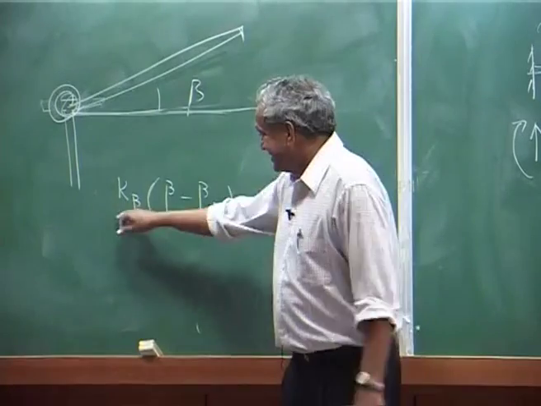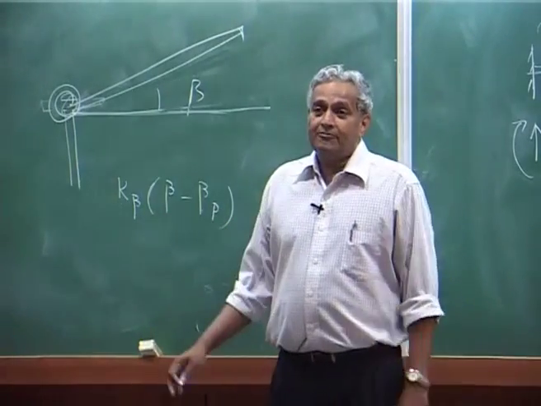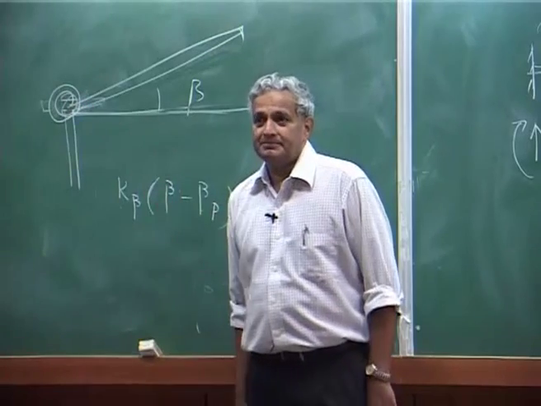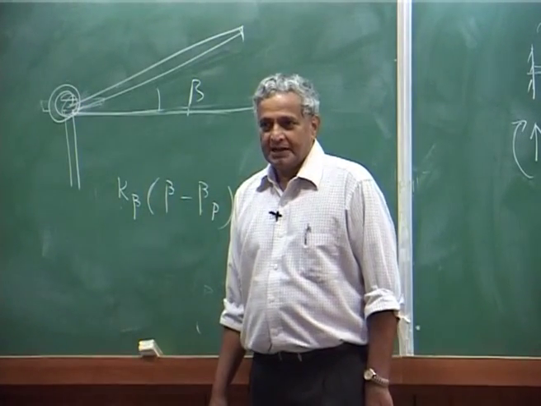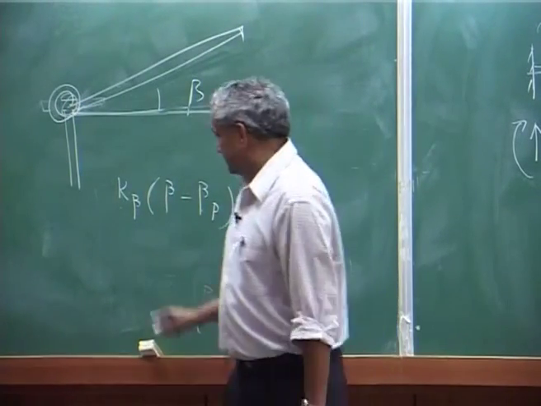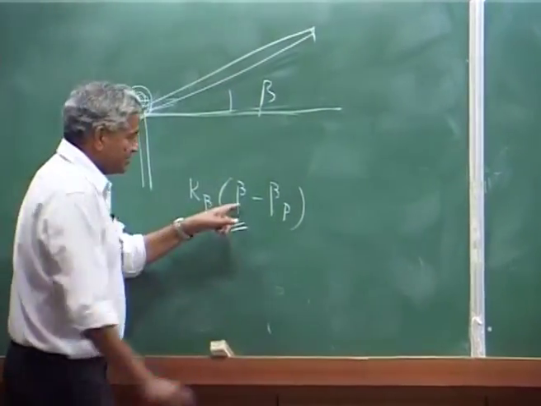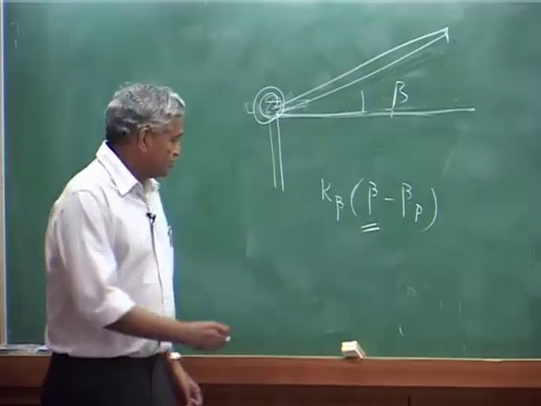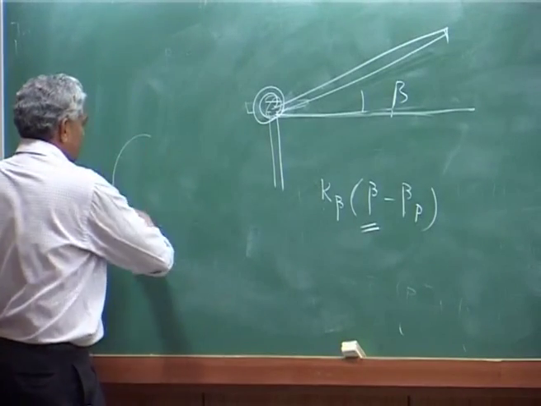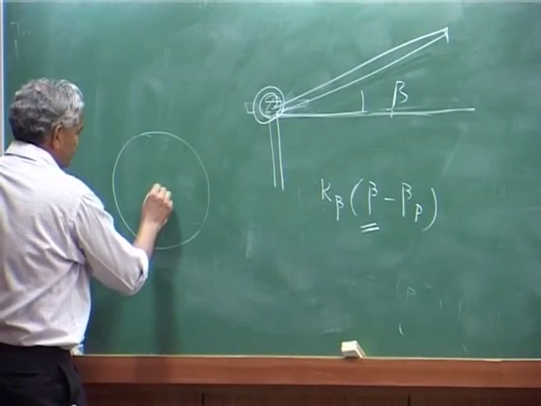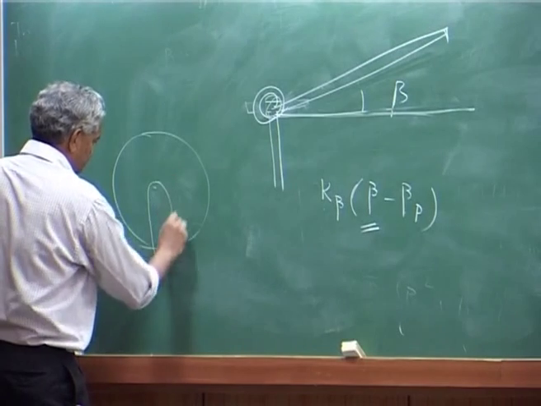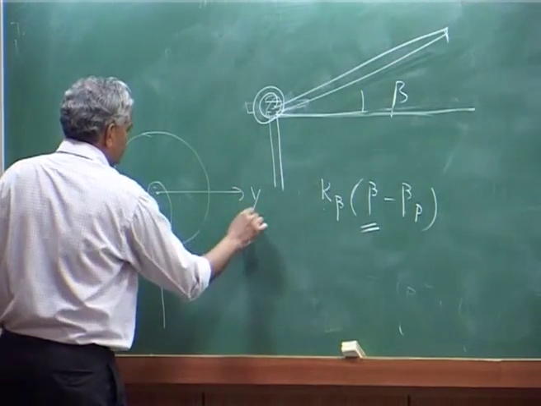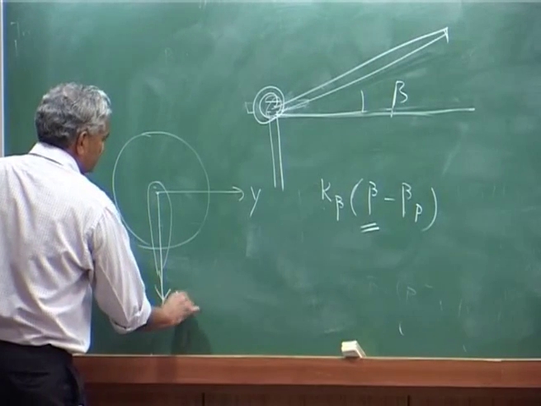So I take this as the flap moment acting at the hub at any time, because beta is a function of psi. This is my rotor disc, this is my helicopter, this is my y axis, this is my x axis.